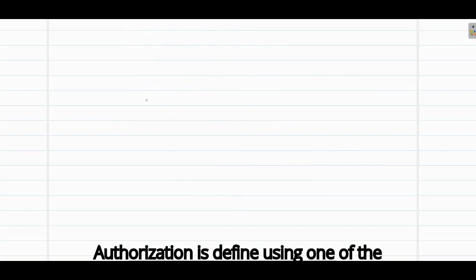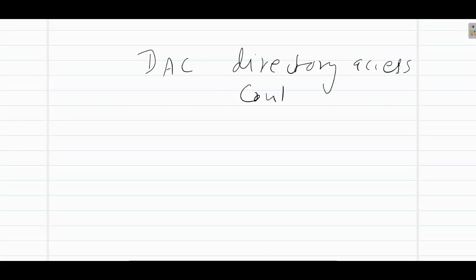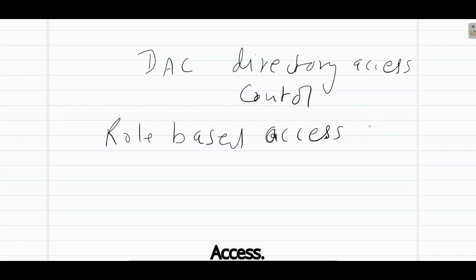Authorization is defined using one of the models like DAC, discretionary access control, and the other model is role based access control, RBAC.